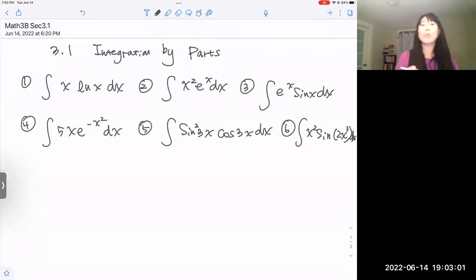All right, so which one can you integrate by using substitution, by using your previous course, which is Calculus 1?